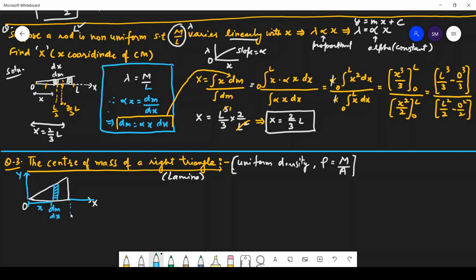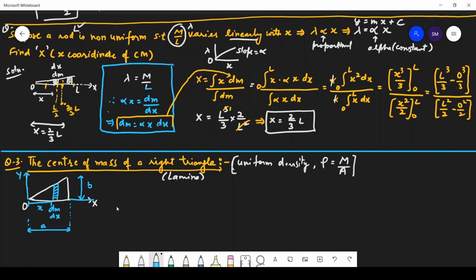So in the last question we were taking the length as L, but here we will take this base as A and this height as B, because we need to find the area here.